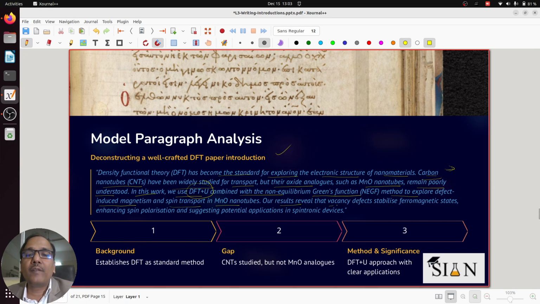Our results reveal that vacancy defects stabilize the ferromagnetic state, enhancing spin polarization and suggesting potential application in spintronic devices.